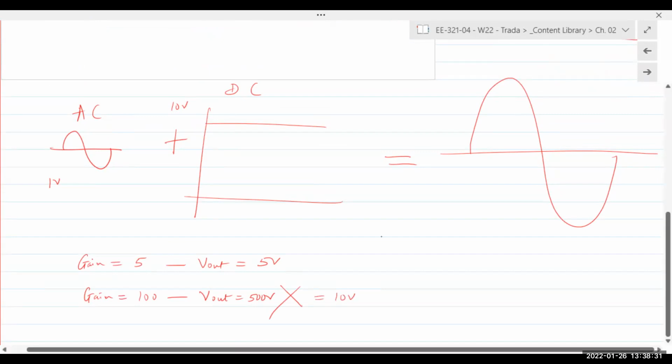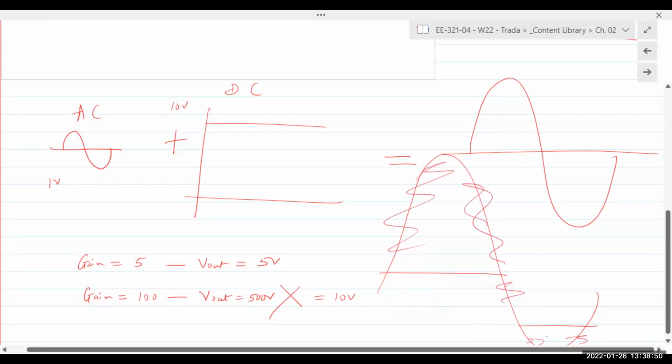And so instead of getting a huge waveform, the transistor is saturated, so you only get this much. All of this is gone. All you would get at the output is basically something like this.